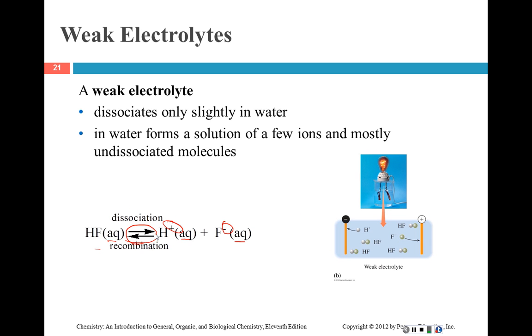We're going to put the arrows going both ways, because basically what is happening is you're dissociating the HF to the ions, but the ions can also recombine and reform the HF. So you never get the complete dissociation like you do with a strong electrolyte. So you never have everything as an ion.